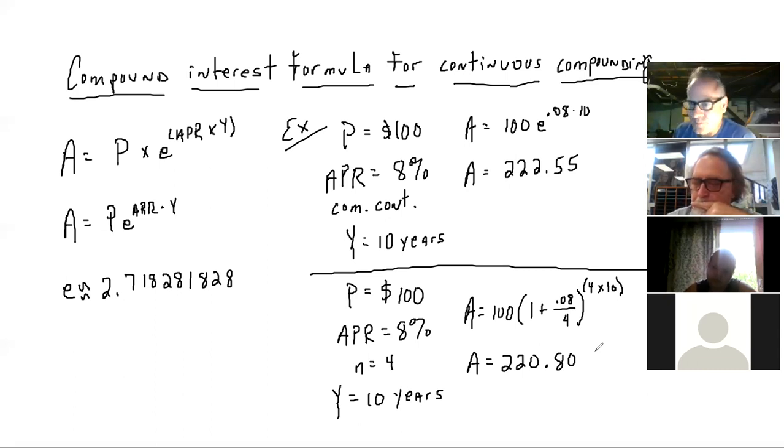Remember, what's really important is how many times it compounds. The more times you compound, the more money you make. So you could choose a bank with a lower APR, but if it compounds more, you're going to get that higher APY. That is, you're going to make more money.